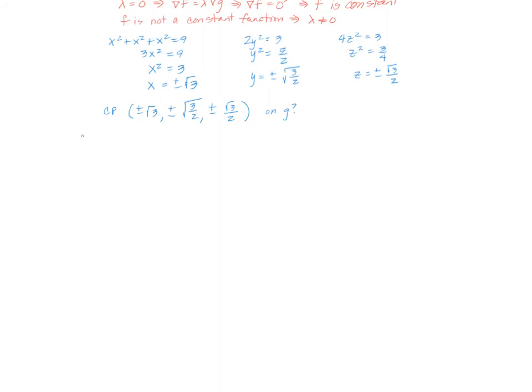If I plug in these points into my function, now I do have to be careful with negative and positives here because my function is x times y times z. So let's say that I have the positives, and I plug that into my function.